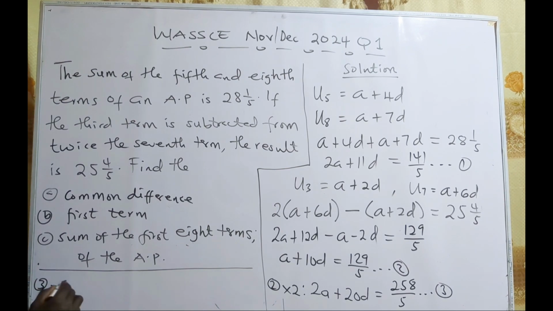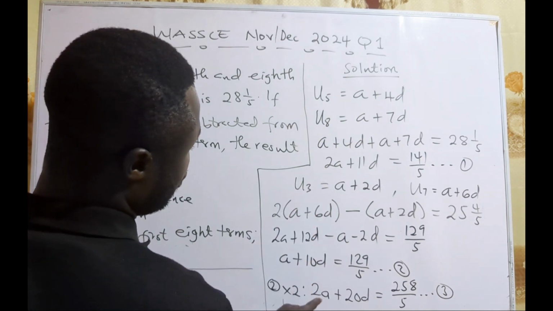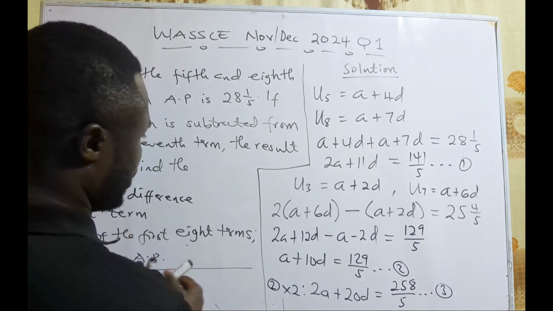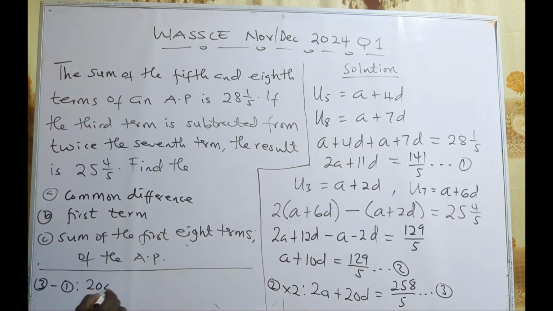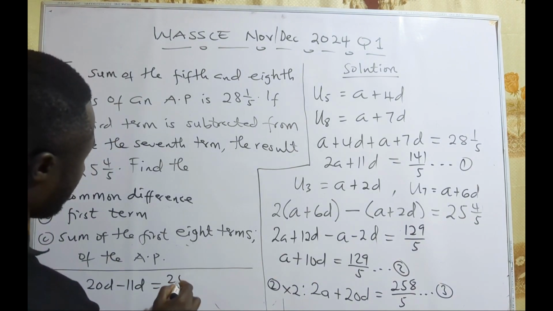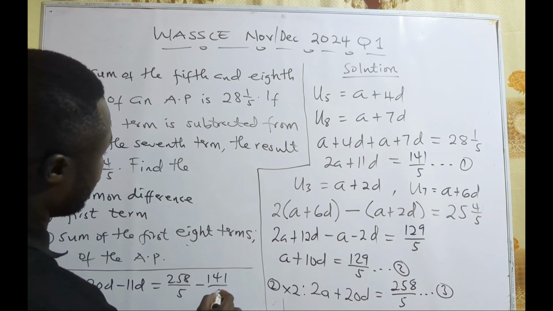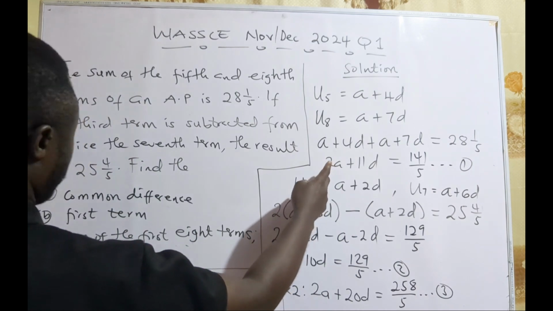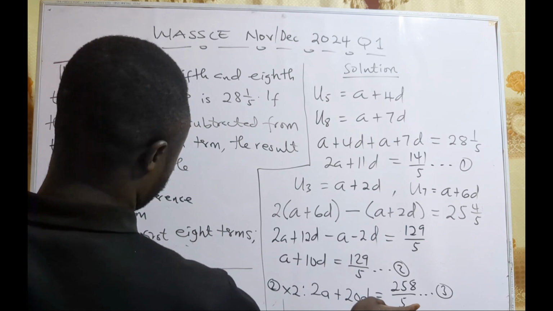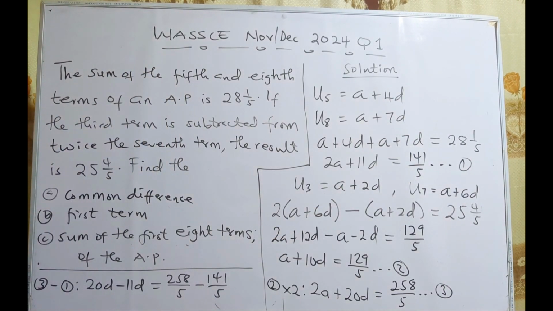Equation 3 minus equation 1: 2A minus 2A gives 0, and 20D minus 11D is equal to 258 over 5 minus 141 over 5. Now we have eliminated A.